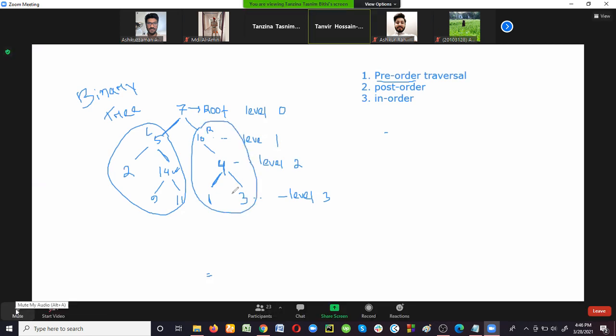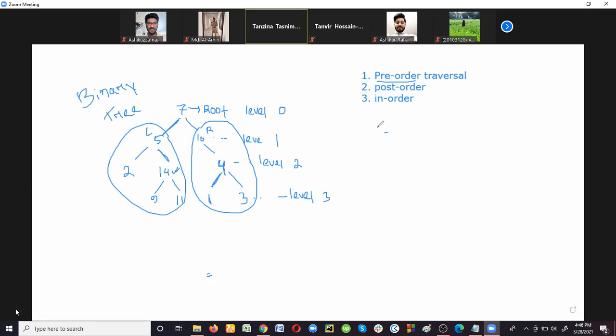Right? Yes, ma'am. So in pre-order traversal, what will be the sequence? At first, the root node will be traversed, then the left subtree, that is the left side of the tree, and then the right subtree will be traversed. That is the method we use in pre-order traversal.